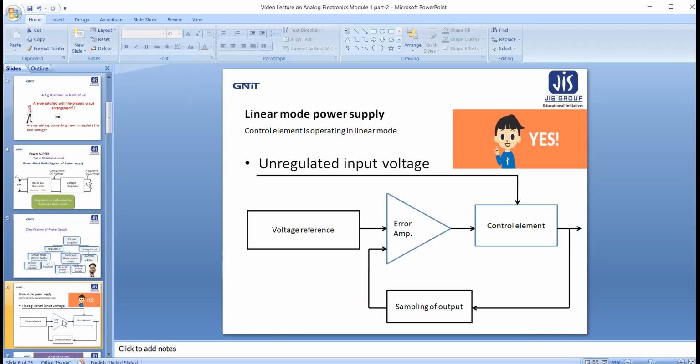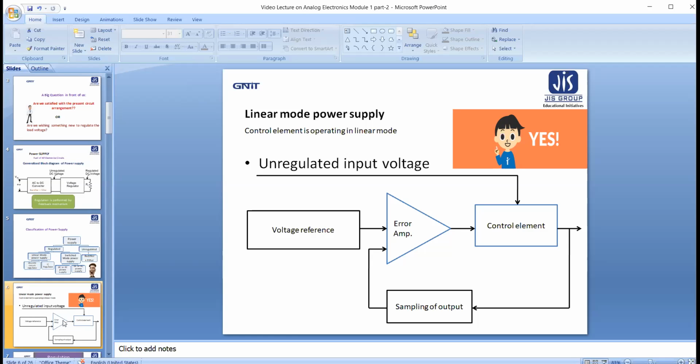First, the linear mode power supply. Now the question is why this power supply is called linear mode. Linear means when the active devices or the control elements are operated in the linear region of their output characteristics, it is called the linear mode power supply.